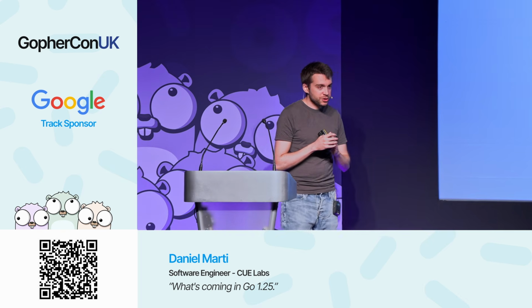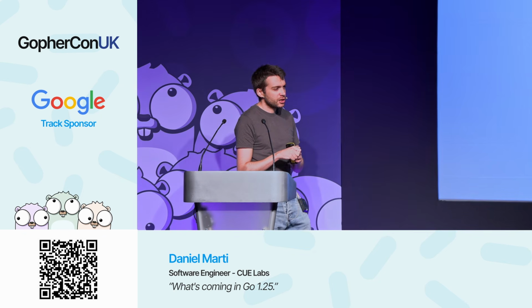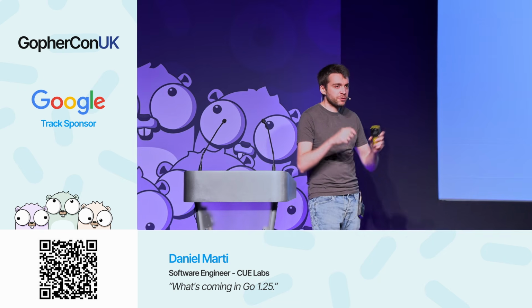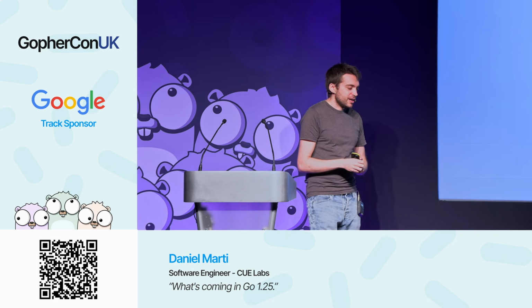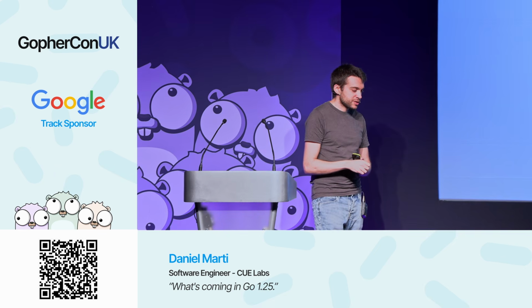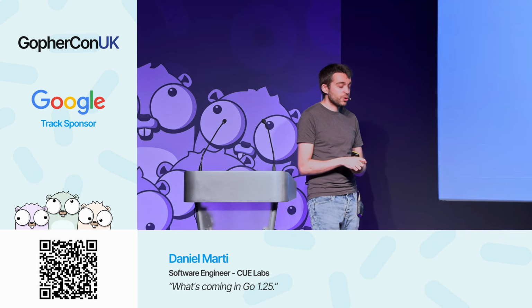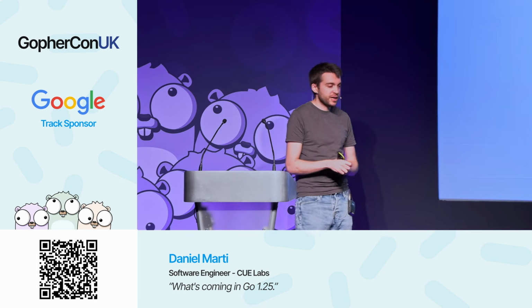There's a bunch of other contenders for sure. I would say log was another one that was done. You can think of log slog as kind of log v2 because it's structured logging, right? There's a bunch of others that could potentially see similar treatments. I think one that keeps coming up is net/http, because net/http works really well, to be fair. It's used by a lot of people. It supports HTTP2.